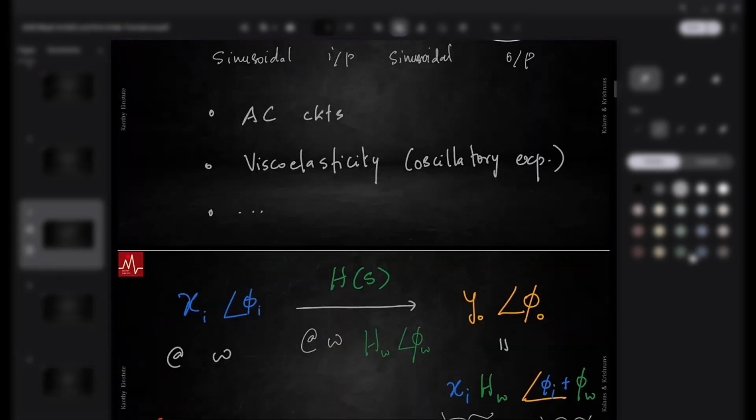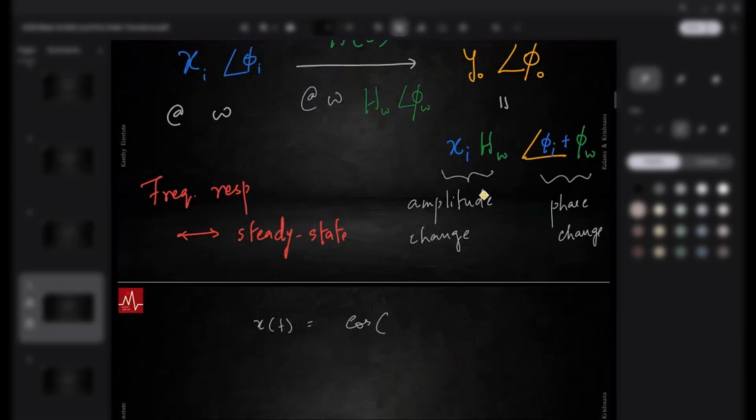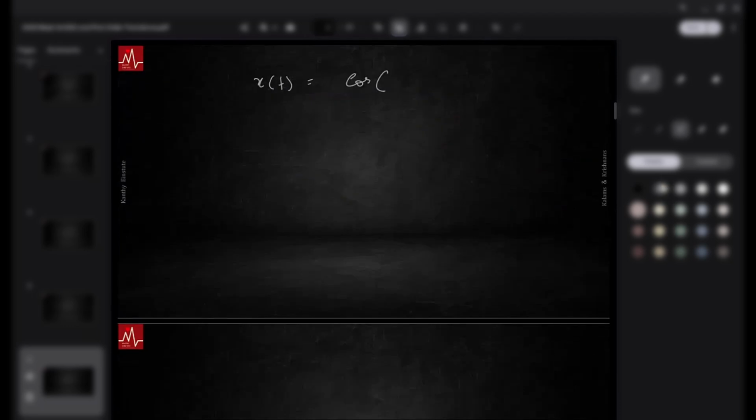AC circuits. Filters are also one more important example. Let me write filters. This is cos of 10t minus 50 degrees. H(s) is 1 by s plus 5.